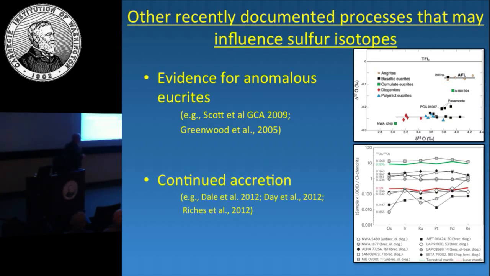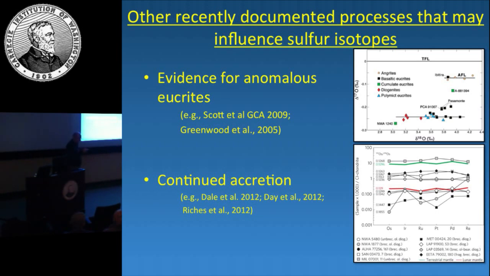There also are recent arguments on the basis of highly siderophile elements for late addition and re-fertilization of metal into these parent bodies and also into the Earth, and these show up in diogenites. This is on eucrites here, I believe. They show up in these parent bodies as well.